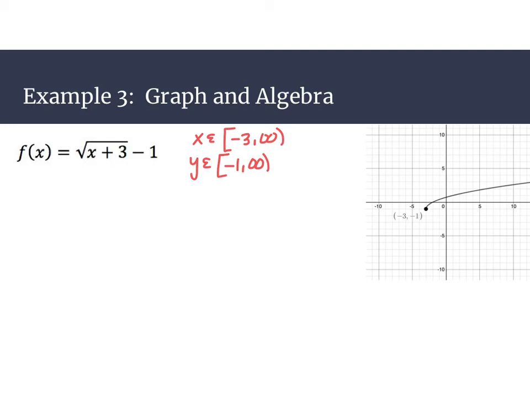Algebraically, to find our inverse, we're going to start by switching the x and the y. And then we need to solve for x. Start by moving the 1 from the right to the left. We want to get rid of that square root, so we're going to square both sides.